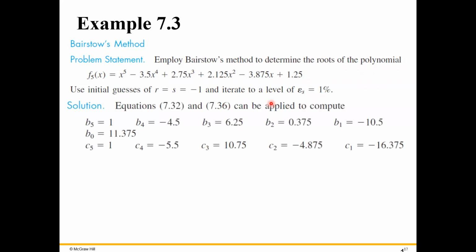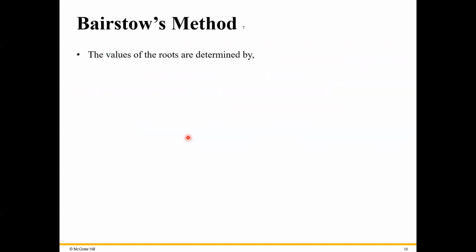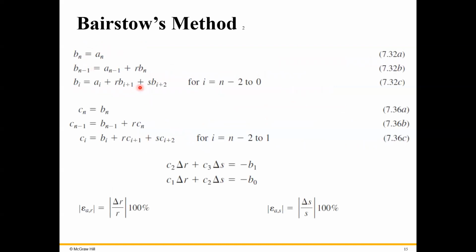So first of all, we calculate these coefficients. This is the main step actually. We will calculate B5, which is equal to A5, and then B4, by applying these formulae iteratively.